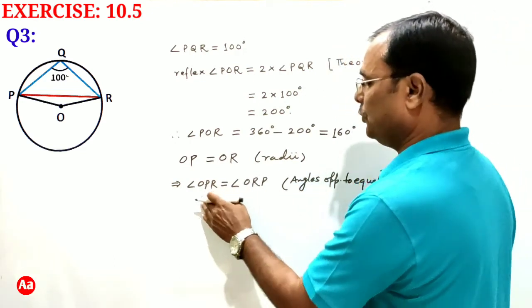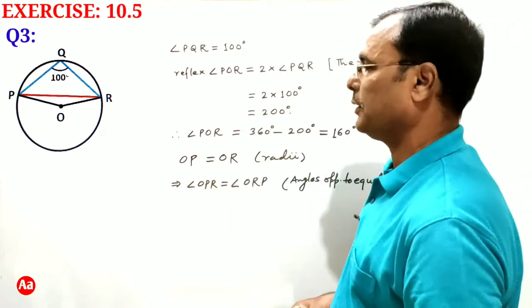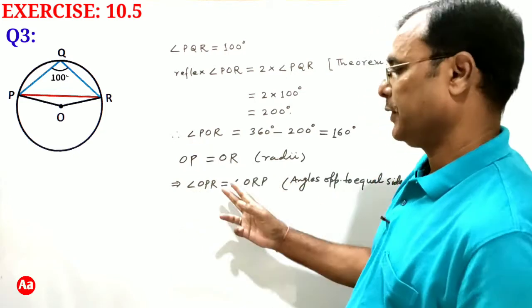So angle OPR and angle ORP in triangle POR are equal.